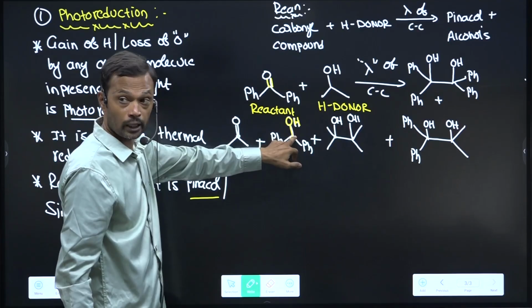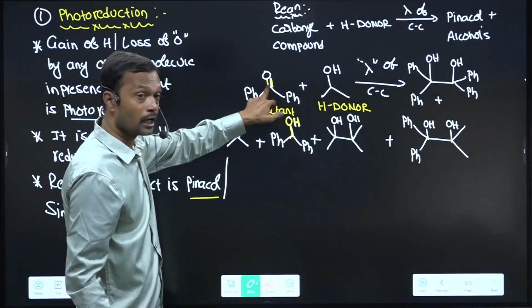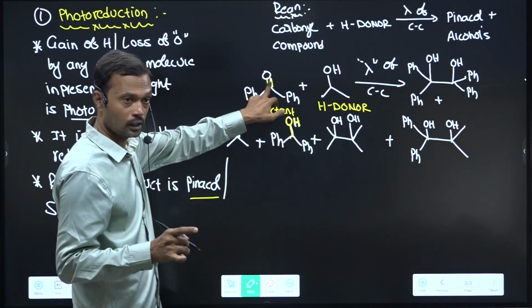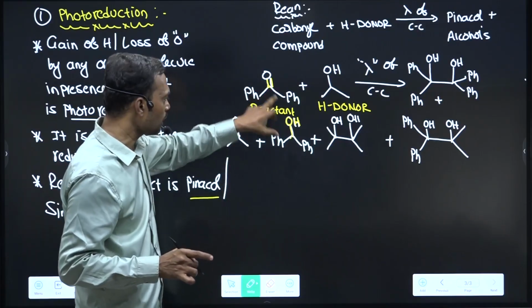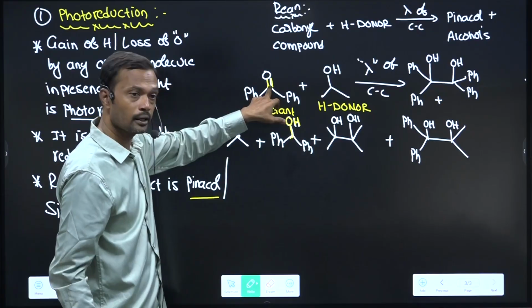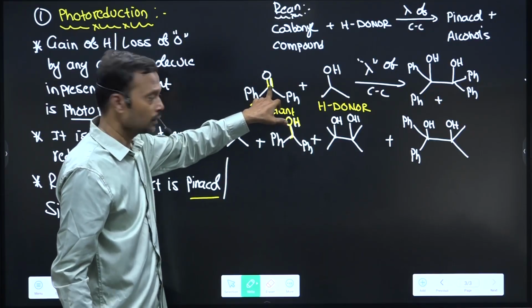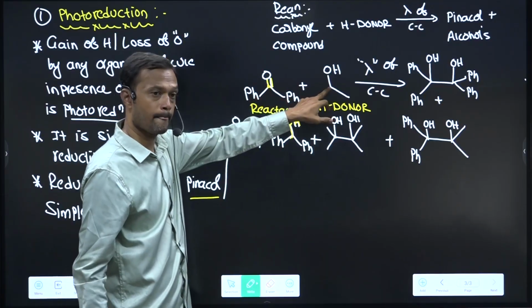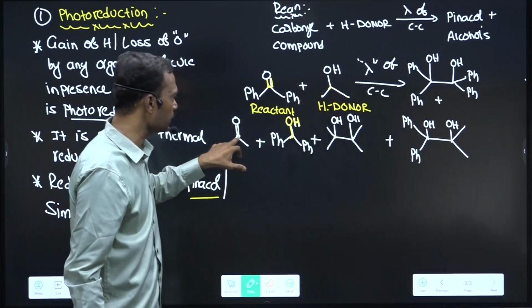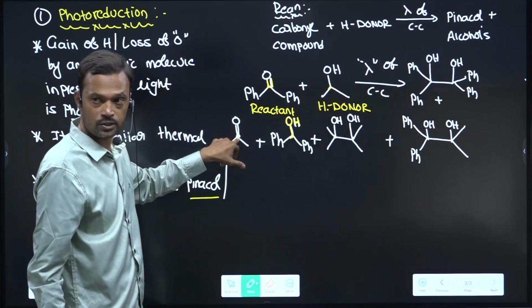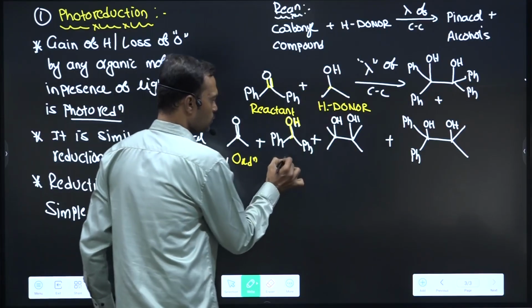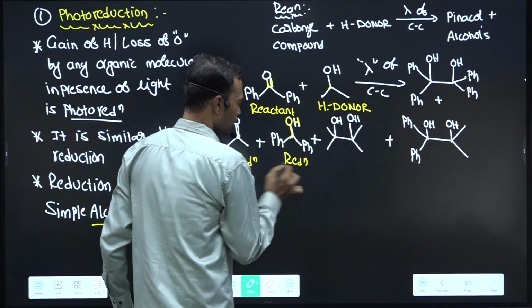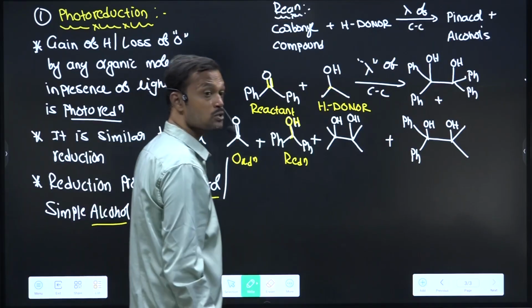Now it is taking hydrogen or not? This carbonyl converts like this. So now it is a reduction. Now what about this one? It is losing two hydrogens. You are getting this one. Now what is this? This is oxidation. Then what about this one? This is reduction. These two are called disproportionation.